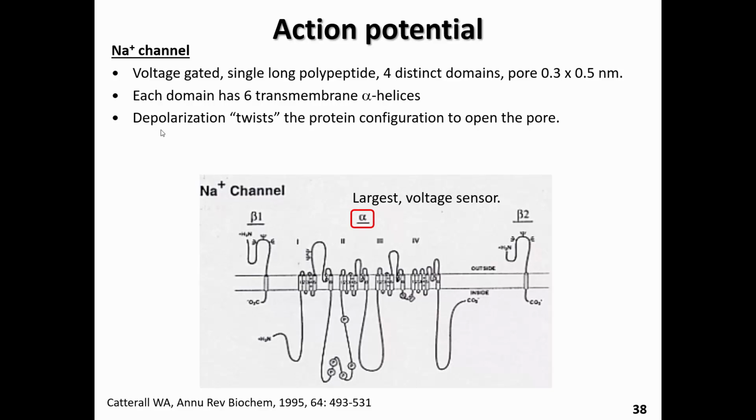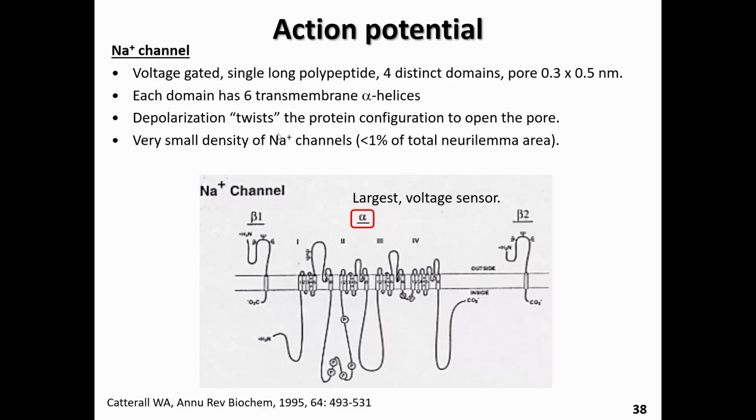So the voltage change across the membrane is sufficient to cause a slight change in the structure of this particular protein, and so the depolarization is said to twist the protein configuration that will open up the pore.